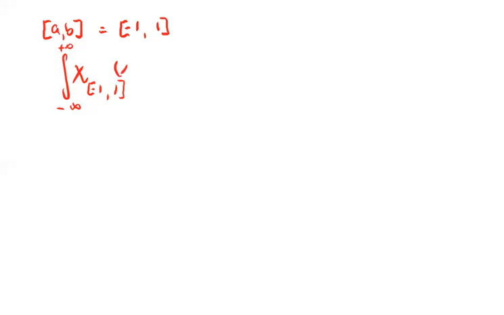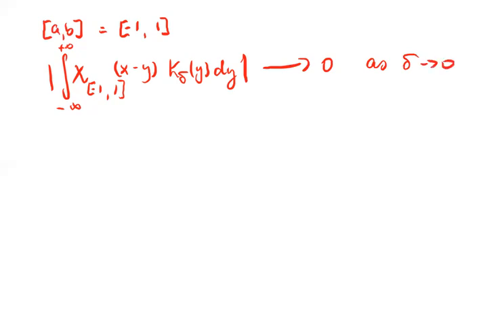Of x minus y times k delta of y dy. This in absolute value goes to 0 as delta goes to 0. Okay, this integral we can write as the integral from, well, x minus y greater than -1.